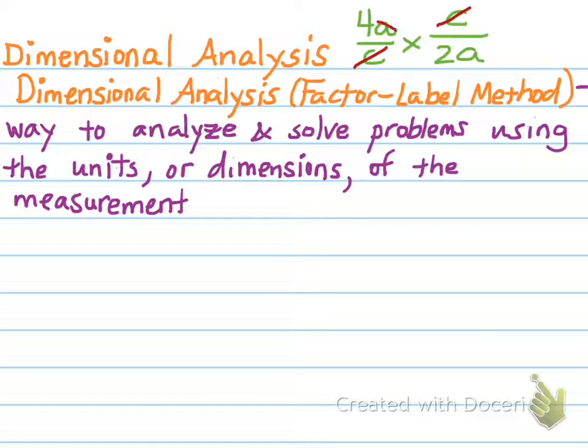The a's are going to cross out because they're in the numerator and the denominator. And so actually the answer to this problem is just 2. We're going to treat our dimensions, our units, like these a's, and we're going to make sure that they are crossing out.